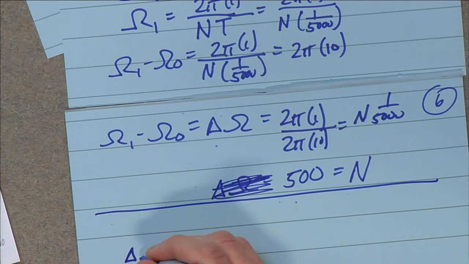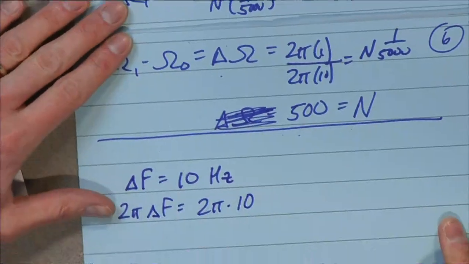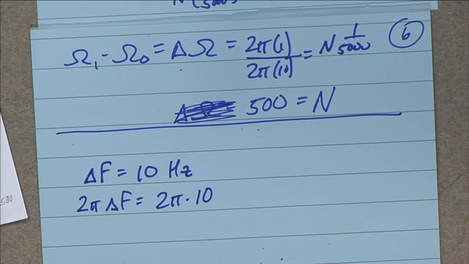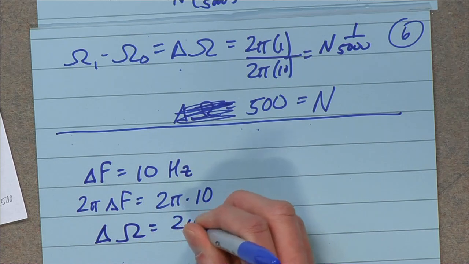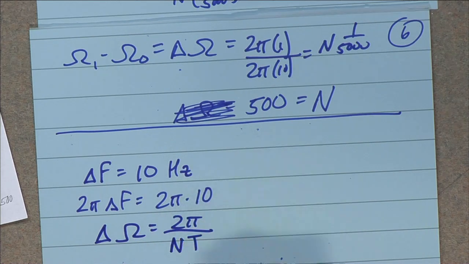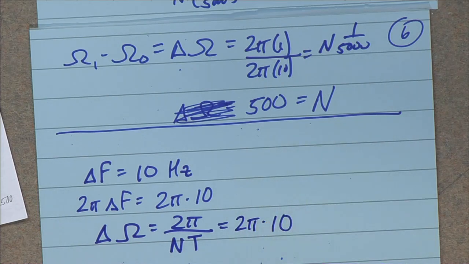Maybe another way to look at it is if delta F is 10 hertz, and 2 pi delta F is going to be what? 2 pi times 10. Let's do it a slightly different way. Might be a little more straightforward than that way. Then we know that delta omega is 2 pi over nt, and I want that to be 2 pi times 10.